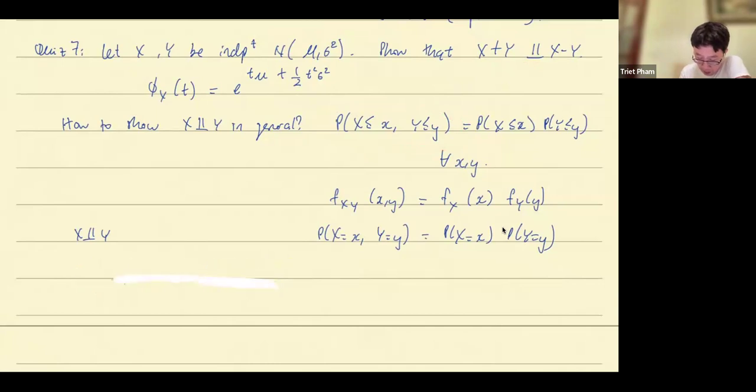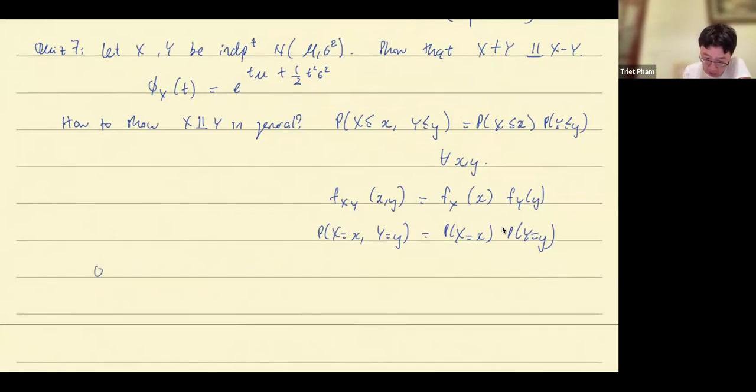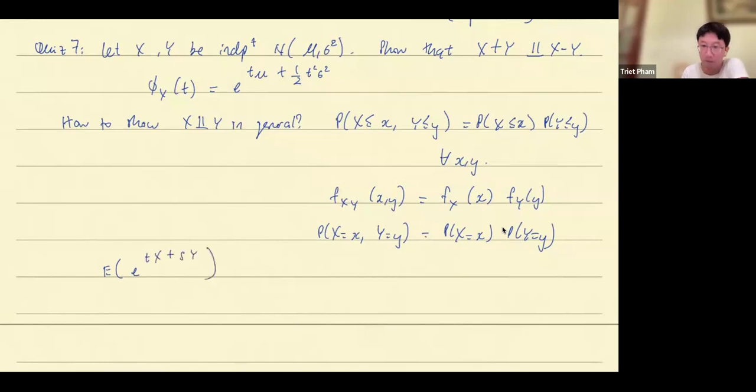What we want is something like the joint moment generating function of X and Y. It is established like this: the expectation of e to the t X plus s Y. Actually, s goes first, t goes later.